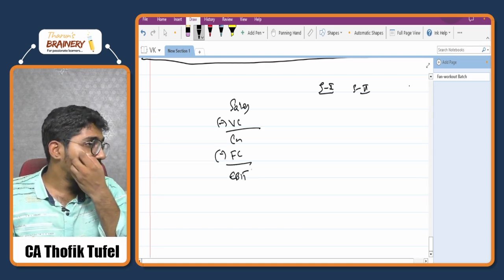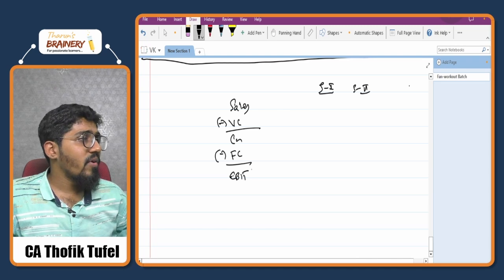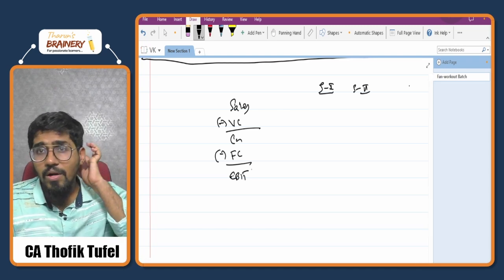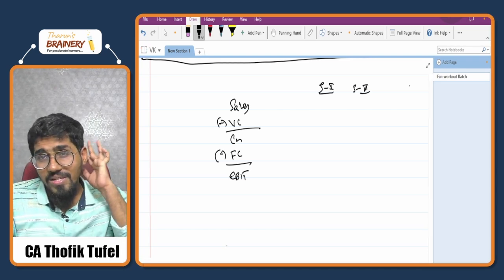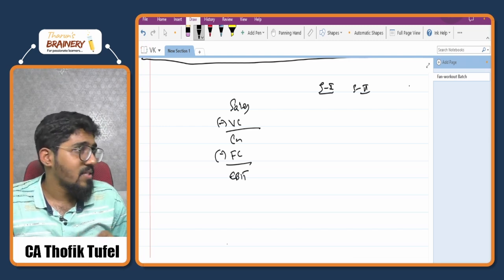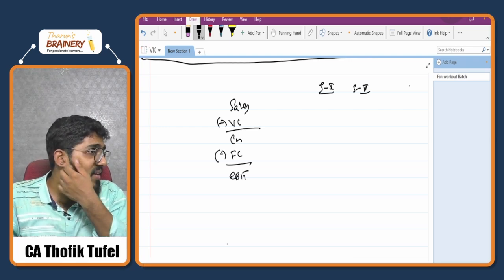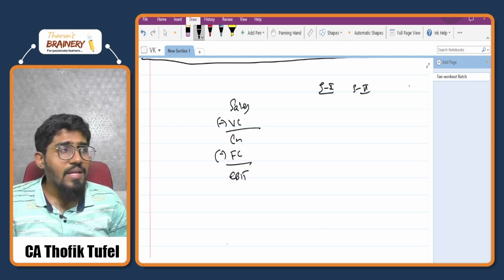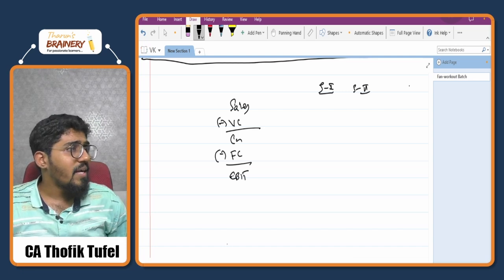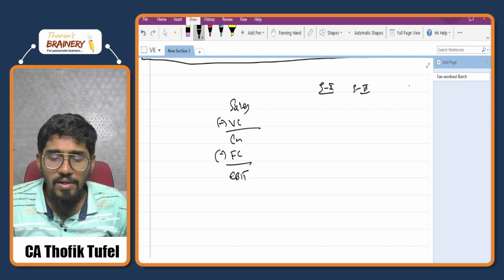First, the formula for operating leverage. Use the general formula first. The percentage change formula you have to use only if asked. Usually we will use the general formula only. So what is the formula for operating leverage? Contribution divided by EBIT.